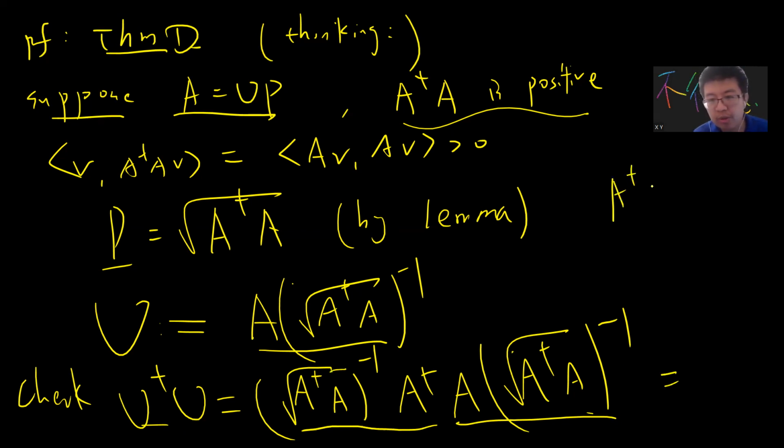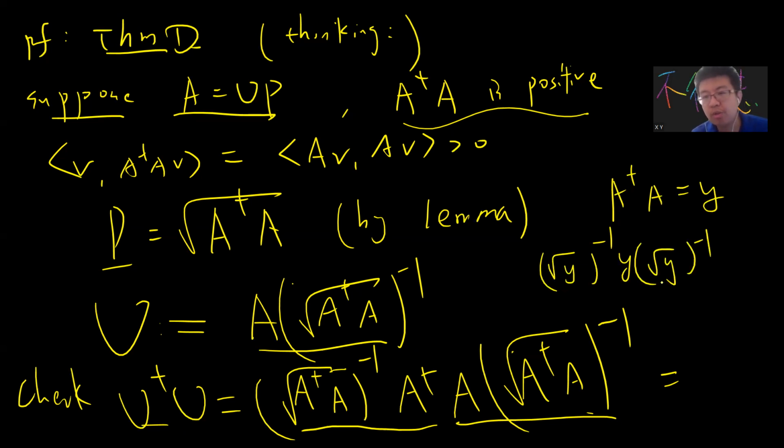If you let A dagger A be Y, you get the inverse of the square root of Y, times Y, times the inverse of the square root of Y. These all commute, so this must be the identity, which makes U unitary.